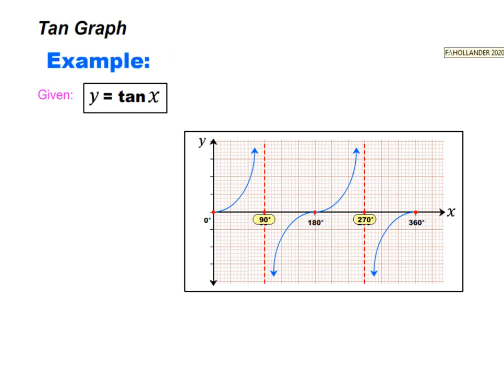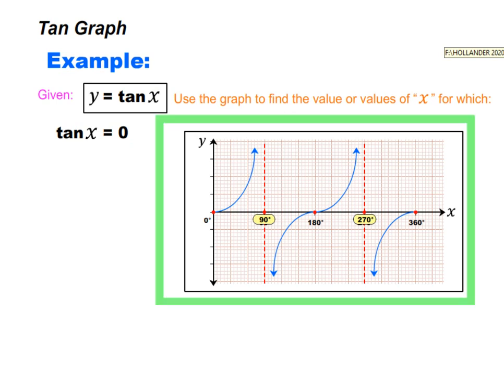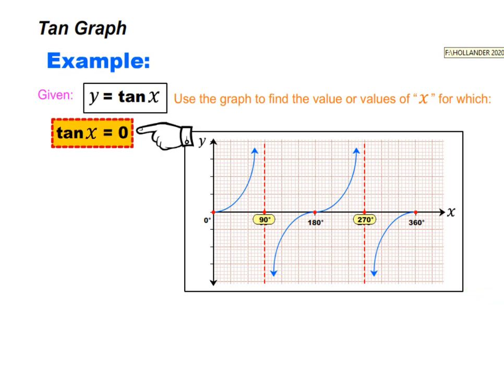In this example, we are given the graph of y is equal to tan x. Let us go to the first question. Let us use the graph to find the value or values of x for which tan x is equal to 0. Look at the graph. Tan x is equal to 0 means we must write down the values of x where the graph of tan x cuts the x-axis.